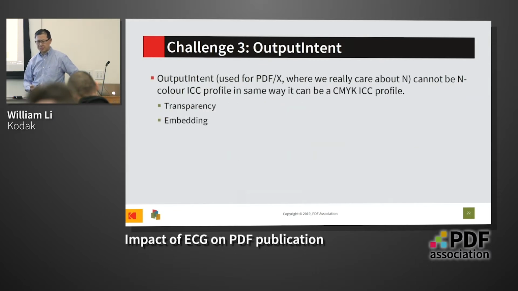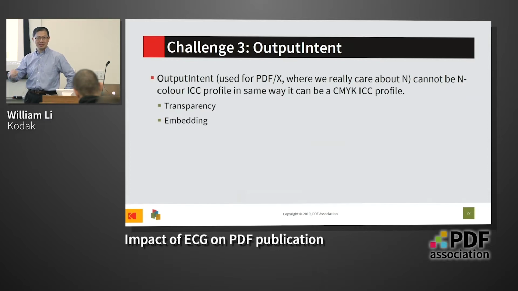The third thing is that the language says that if you are doing your blending, you should use your output intent color space, if it's there, as your exchange space. But of course, if you have no ICC-based N, you can't do it. So again, that's a key lack.